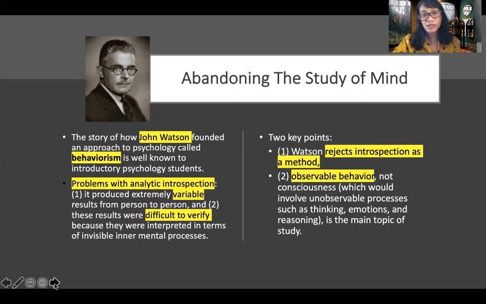In other words, Watson wanted to restrict psychology to behavioral data only, and rejected the idea of going beyond the data of behavior through observation to draw conclusions about unobservable mental events. So he refused to use the data to explain the mind.